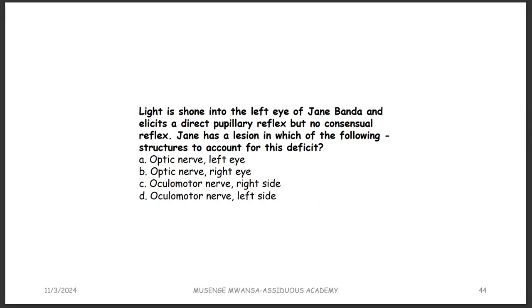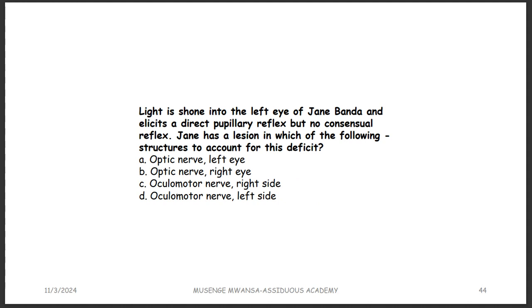That's true. Light is shone into the left eye of Jane Banda and elicits a direct pupillary reflex but no consensual reflex. Jane has a lesion in which of the following structures to account for the deficit: optic nerve, right eye; oculomotor nerve, right.